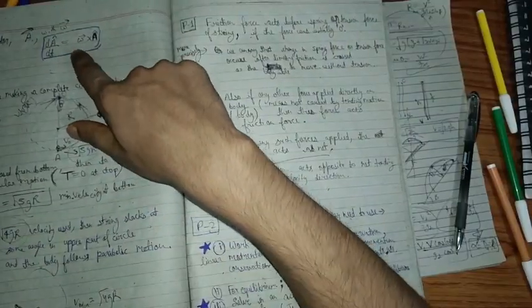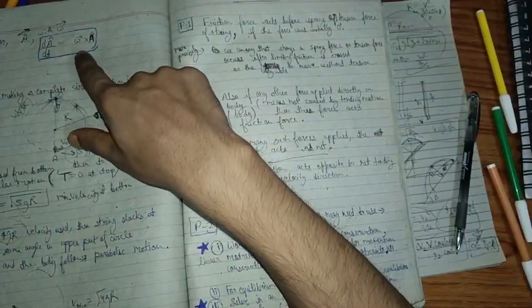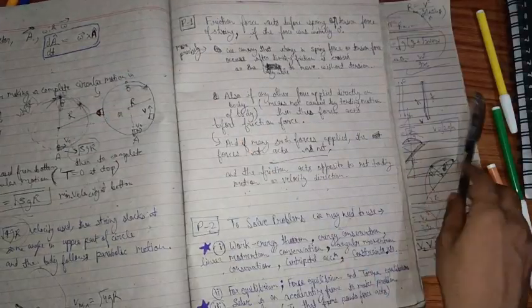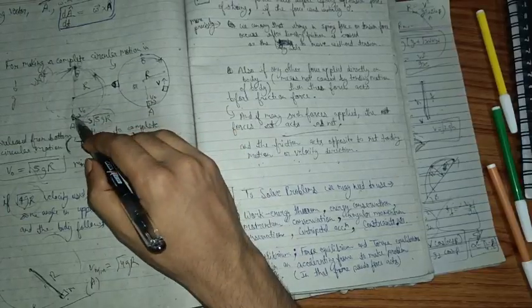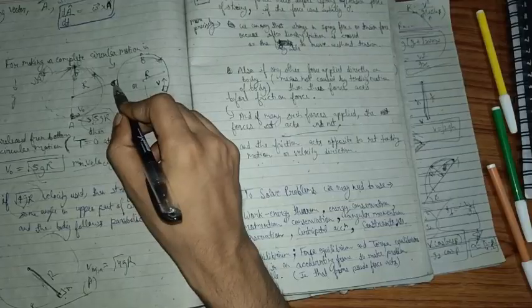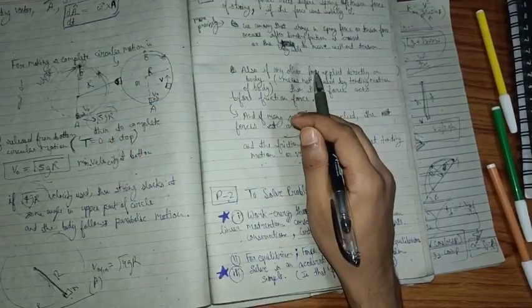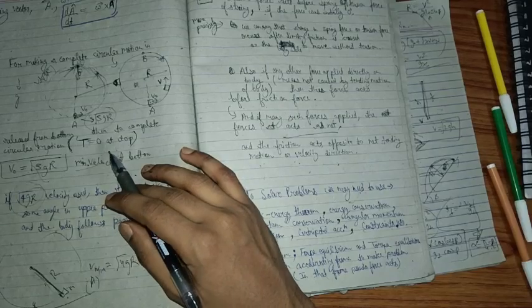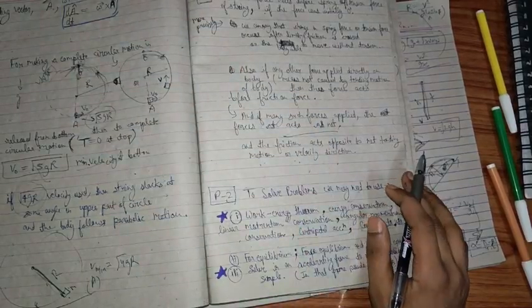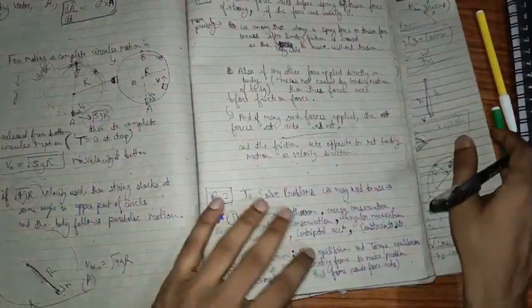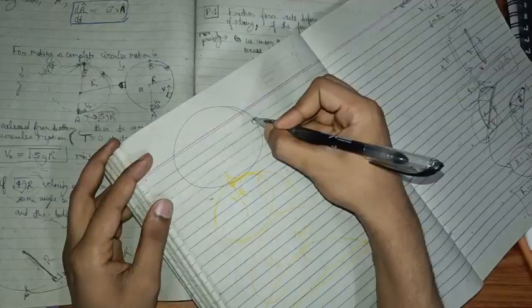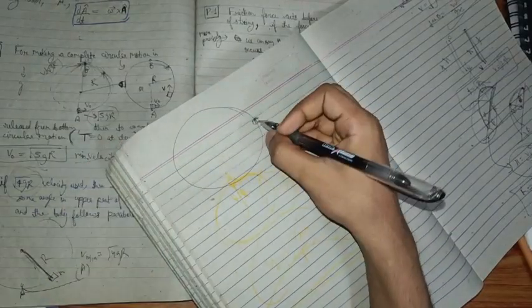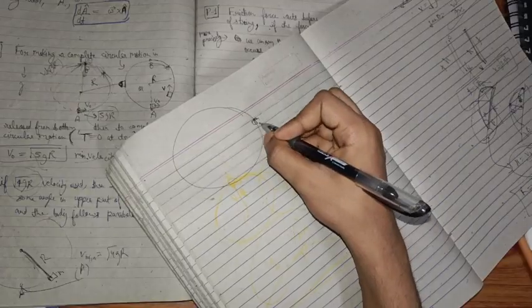Now a rotating vector has d a cap by dt equal to omega cross a cap, and for any circular motion, the minimum velocity required if the object is made to move in a circular path by any rod or any groove path, then in that case, means if there is no restriction, okay, let's say an object is moving in a ring, and let's say it is a bead with a hole and it is moving in the circular path, so there is no limit of the tension required by the body.